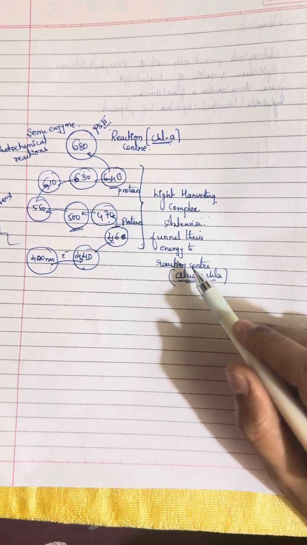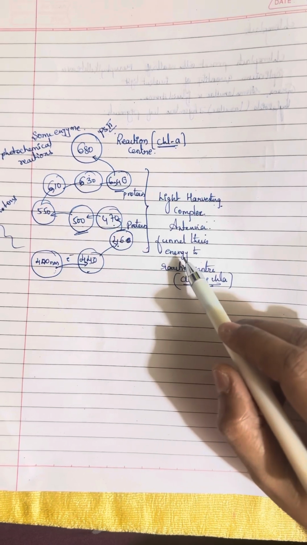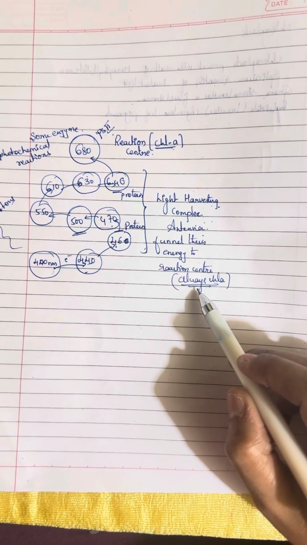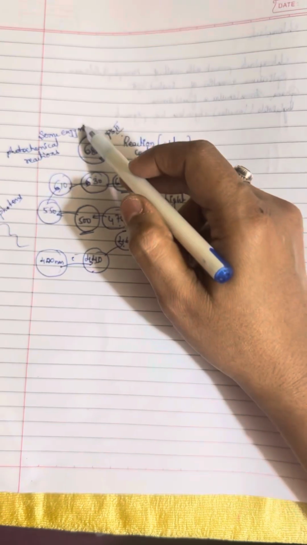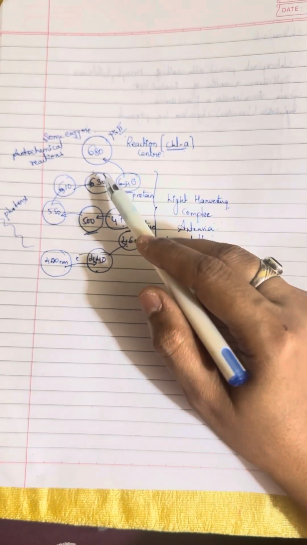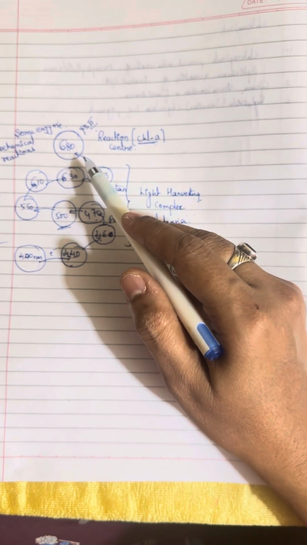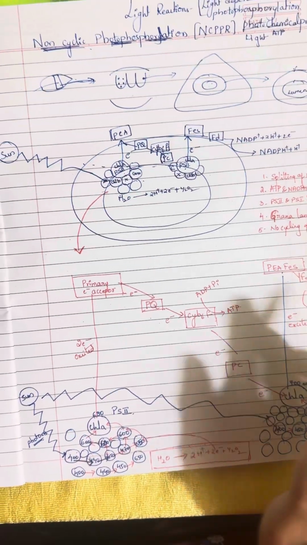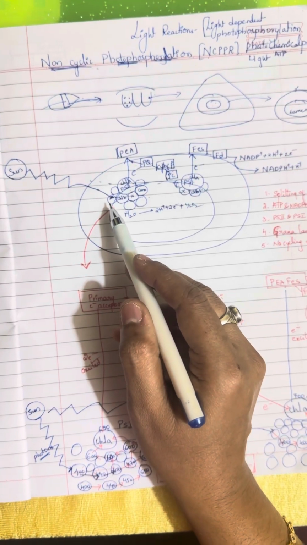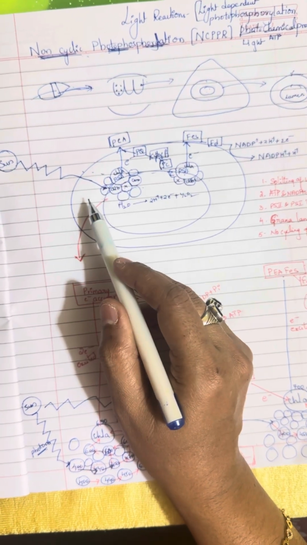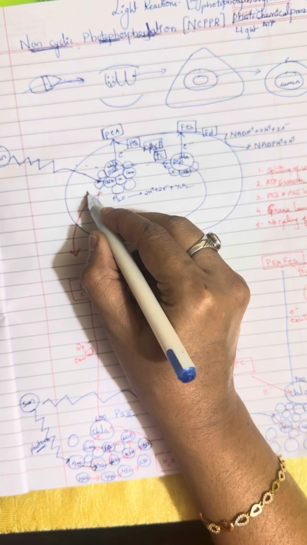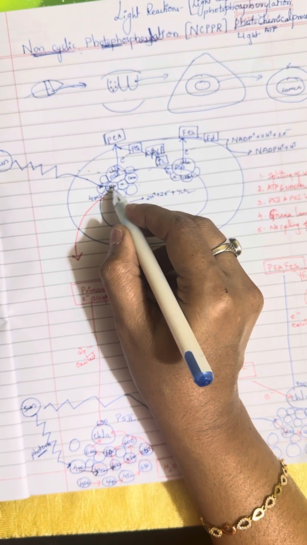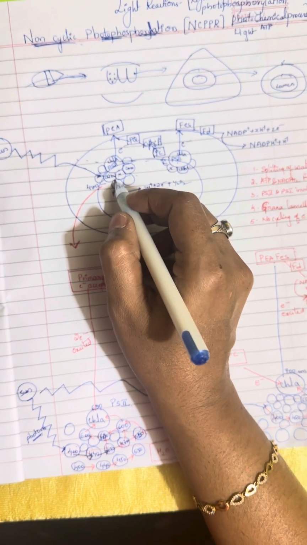This is very important, sending energy to the reaction center, which is always chlorophyll A only, and it also contains enzymes necessary for the photochemical reactions. So energy always goes from the lower nanometer wavelength, like 440 or 400, which has high energy, to the higher wavelength, which has lower energy.